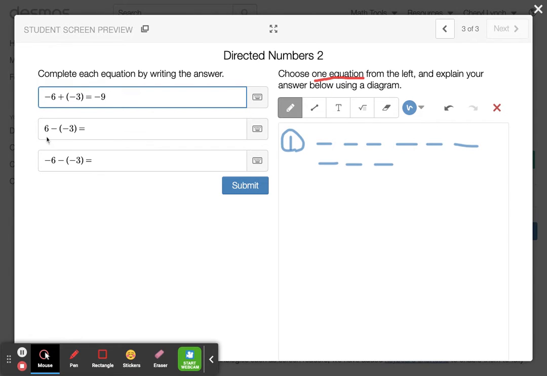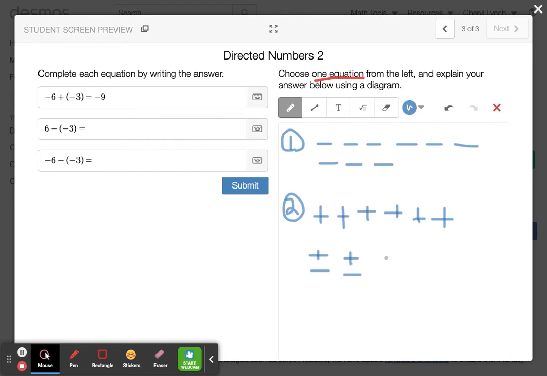Next one, positive 6, taking away 3 negatives. Okay, so we want to start with a positive 6. And then I'm taking away 3 negatives. Well, I don't have any negatives to take away at the moment, so I'm going to add a few 0 pairs. I'm going to add 3 because I know I got to take away 3 negatives.